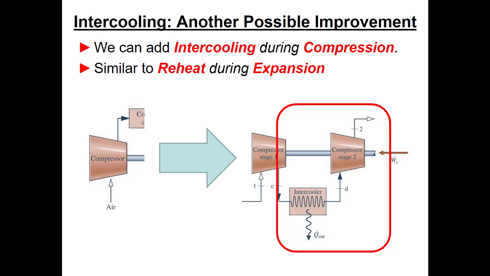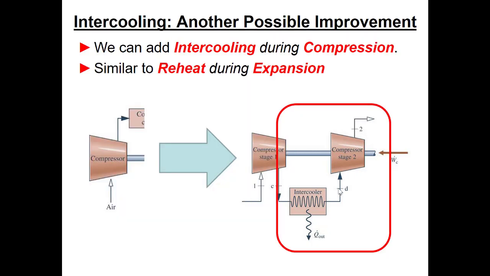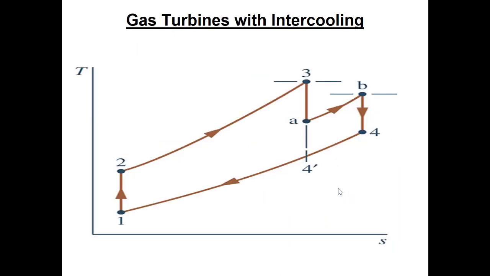So what we do here is we cool the fluid from state C to state D. And as we cool that fluid, those molecules are vibrating less, they have less Brownian motion, so it's easier to then compress them together. We can do that with less power. So using this intercooling reduces the power into the system, which increases our net power generated by the cycle.